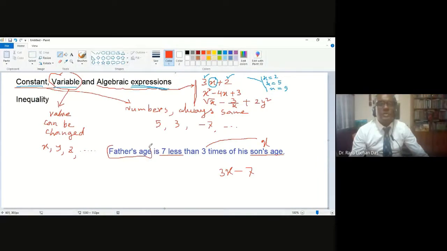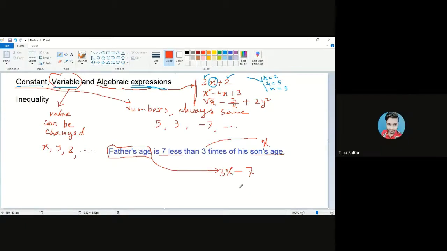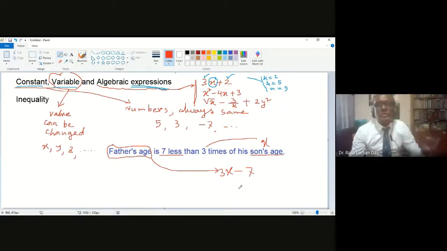You understand the expression for the father's age? This is the algebraic expression for the father's age. Is that clear? Do you understand? Yes, sir. Okay, so that is the understanding. That's all.